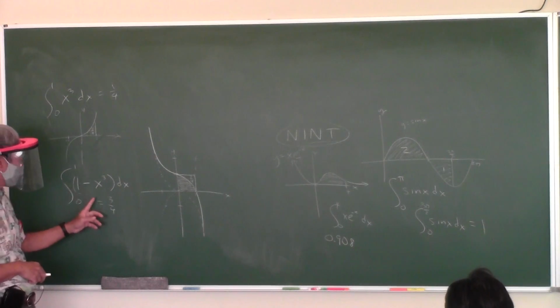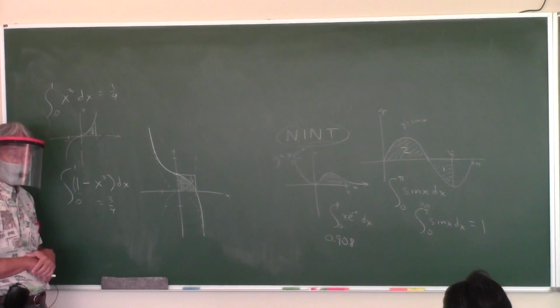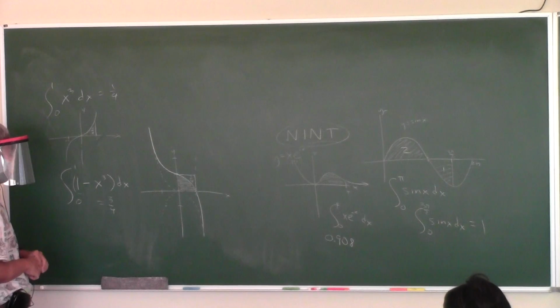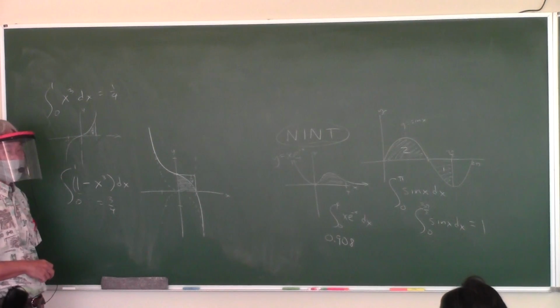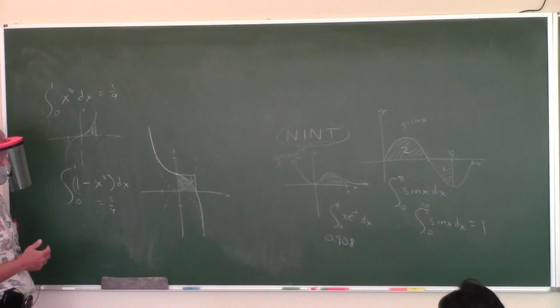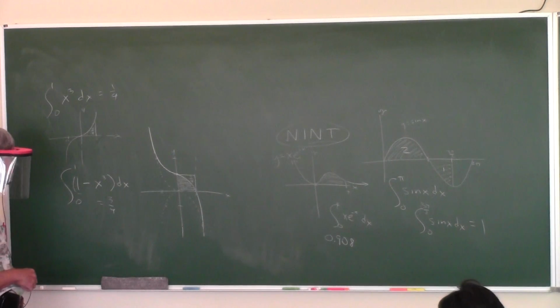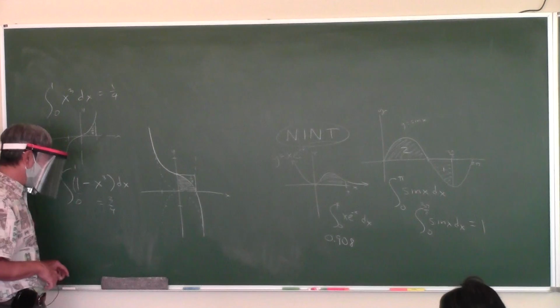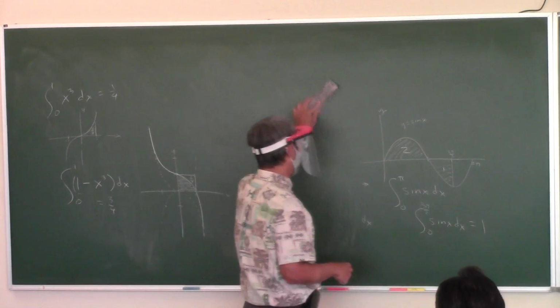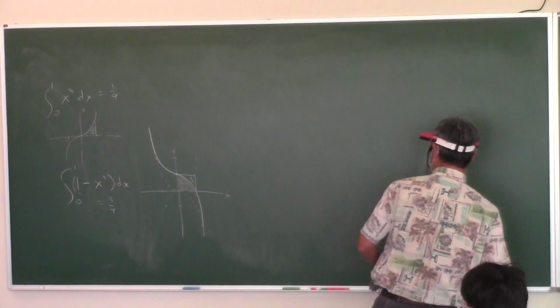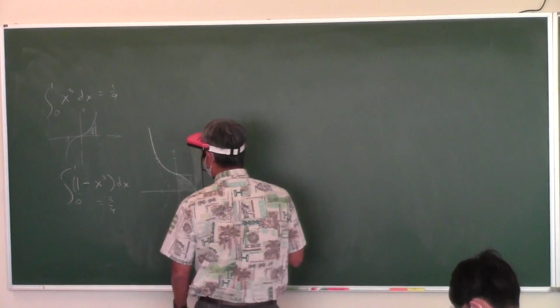So you're going to have a whole bunch of problems like that. You have to be able to graph. In fact, there's one difficult one, but I'm going to see if you guys can do it. Let's just do it now. I don't remember exactly what it was.